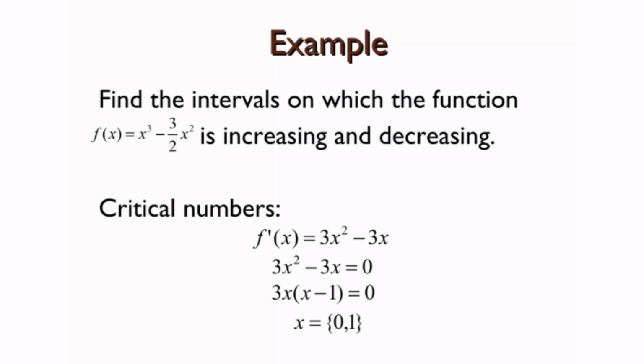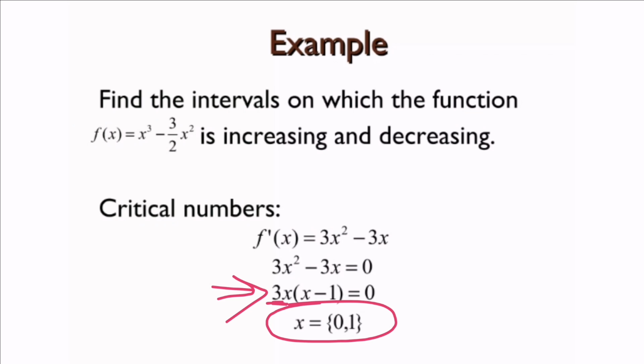Now put first derivative is equal to 0. Now by taking 3x as common factor, which implies 3x into x minus 1 is equal to 0. Now by solving this, we get x is equal to 0 and 1. So 0, 1 is the critical number.